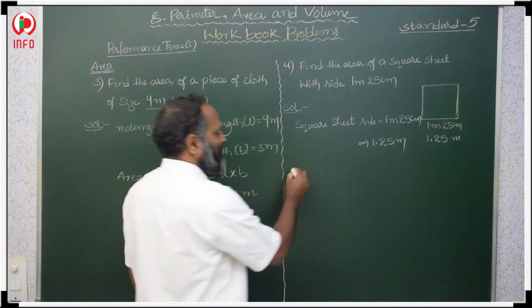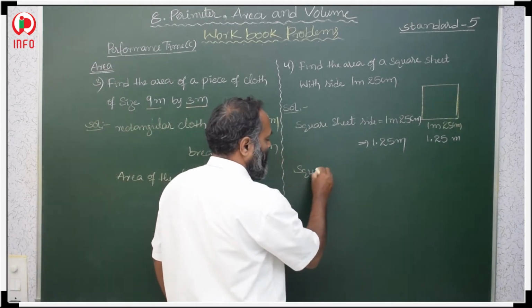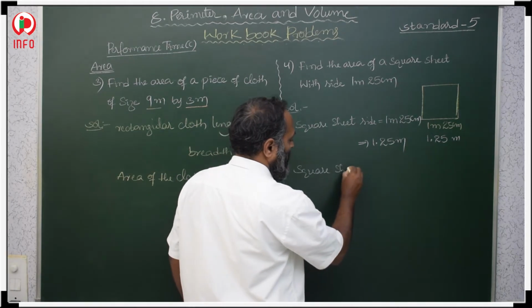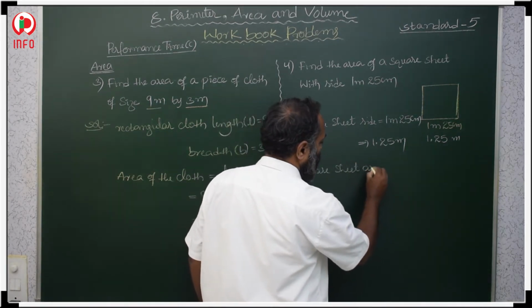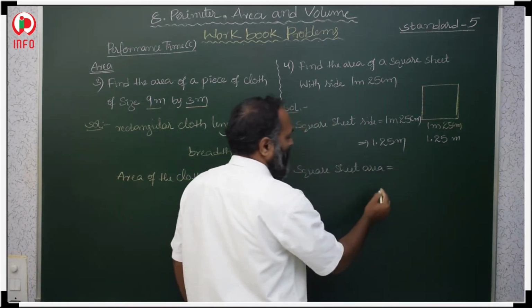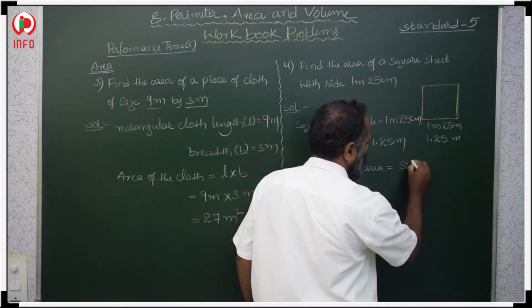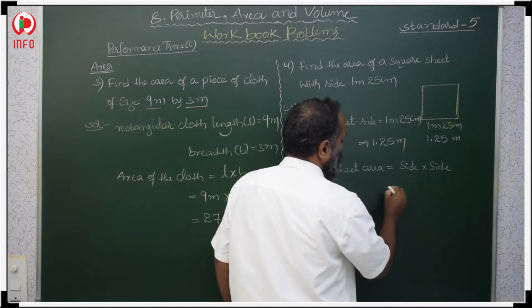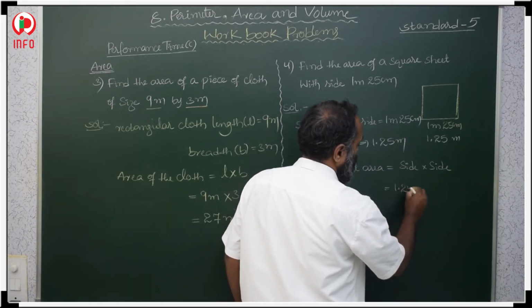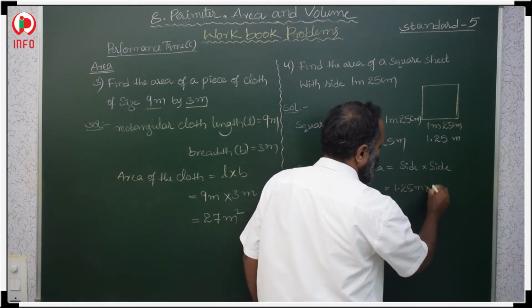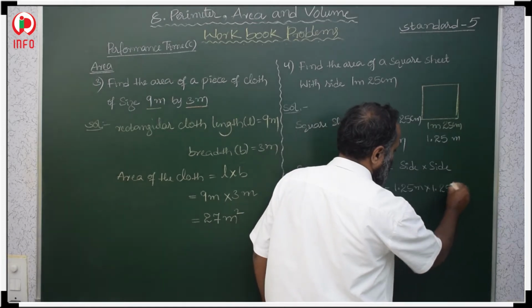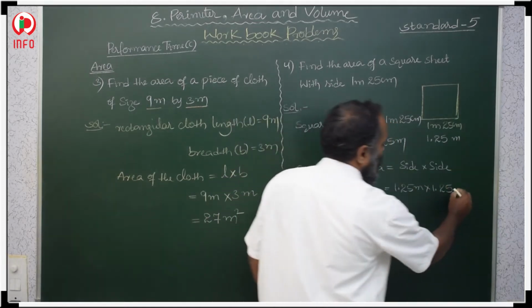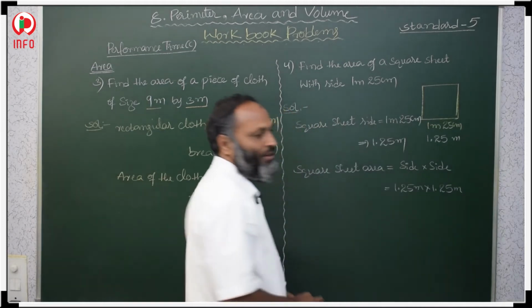Square sheet area is equal to side into side. What is the side here? 1.25 meters into 1.25 meters.